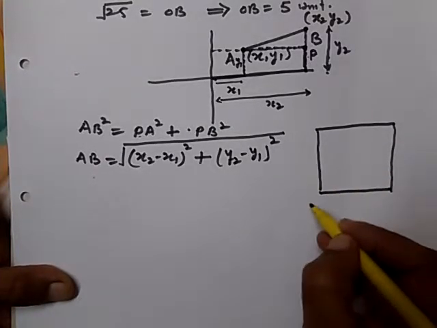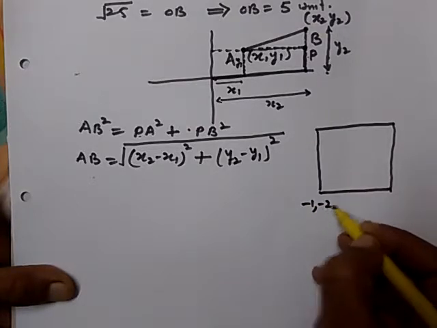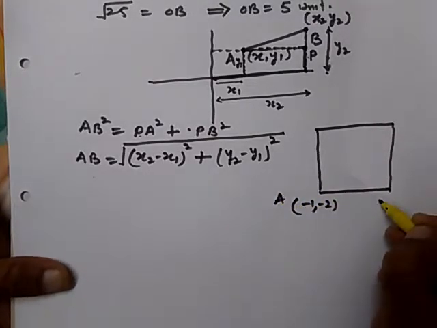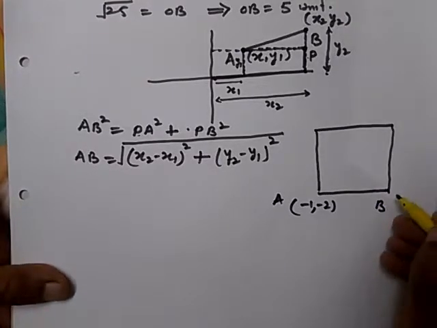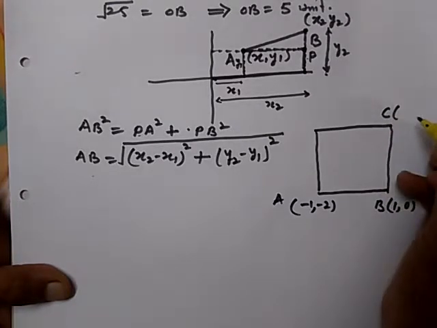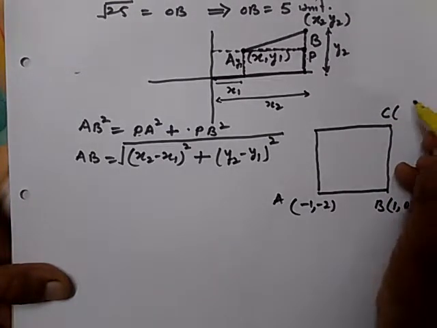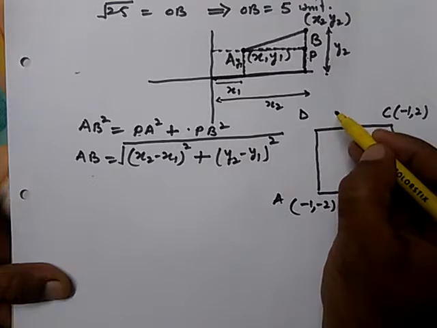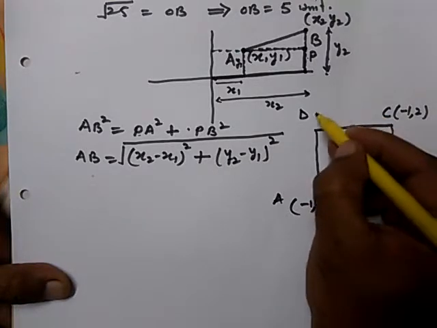Say these are -1, -2, say it is point A. The coordinates of this point B are given as 1, 0, and point C is given as -1, 2, and D is the fourth vertex, -3, 0.